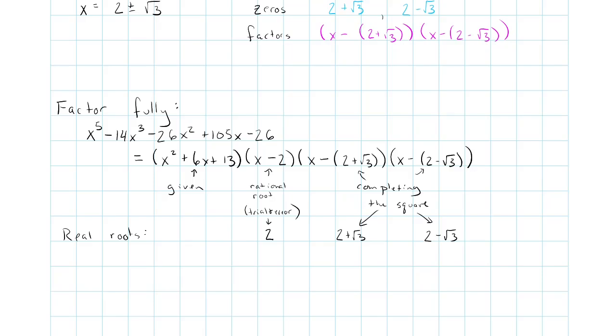And when the numbers get unpleasant, we can use numerical techniques to approximate this process and get at least decimal approximations for the real zeros and the factors. But this process is what underlies it. So we want to understand this process first.